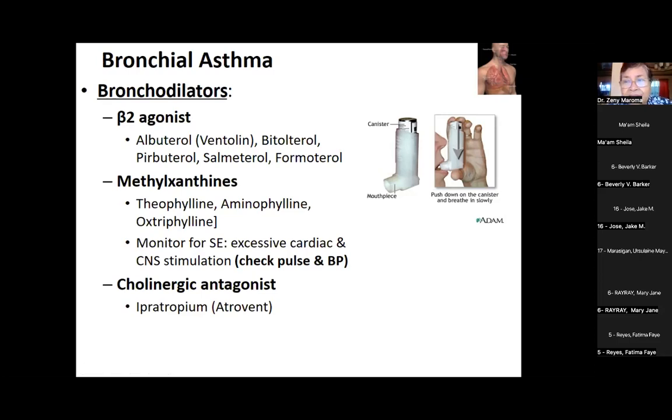So, 6, 10, 2. O, tapos meron din siyang cholinergic antagonist every 4 hours din. Pero, ito naman, 8, 12. Hindi siya sabay na sabay. Okay? Para every 2 hours, meron siyang dose of bronchodilators. Pero meron din tayong combination, no? Like Combivent, combination of beta-2 agonist at saka cholinergic antagonist. Okay?